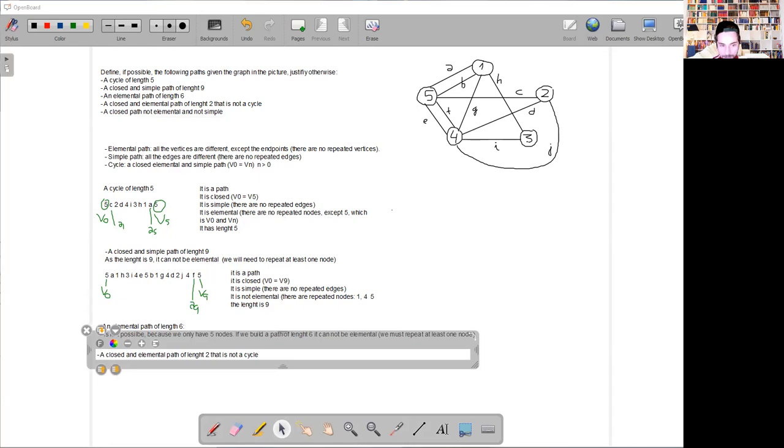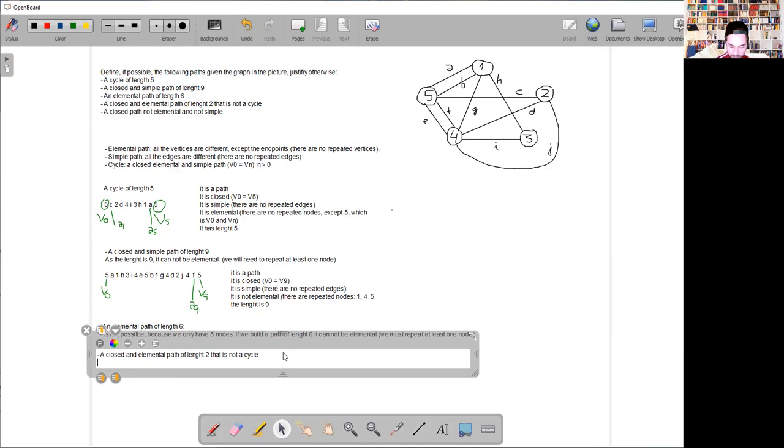Right, so to not have a cycle, if it is elemental, it must not be simple, right? Because the cycle must be elemental and simple, right?